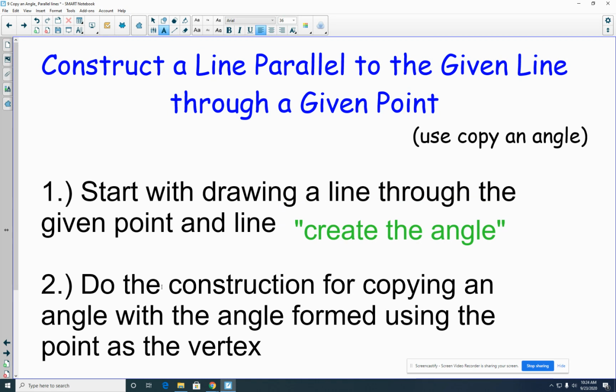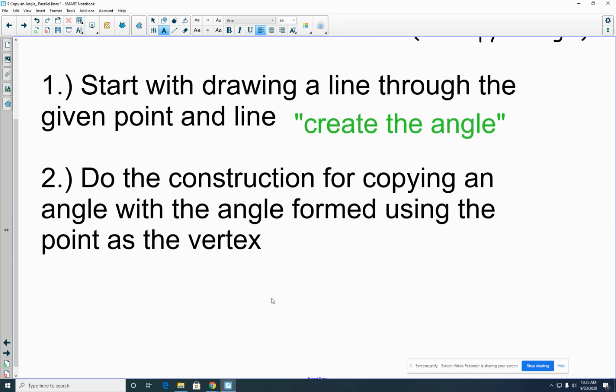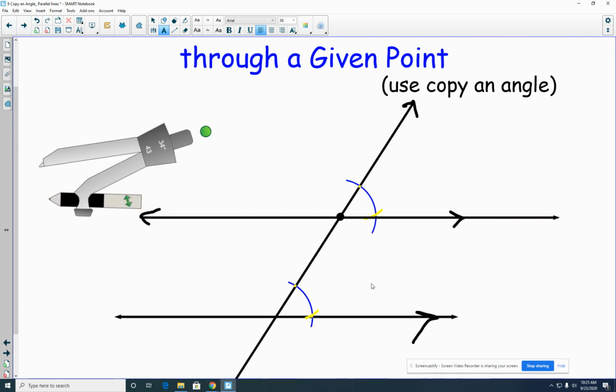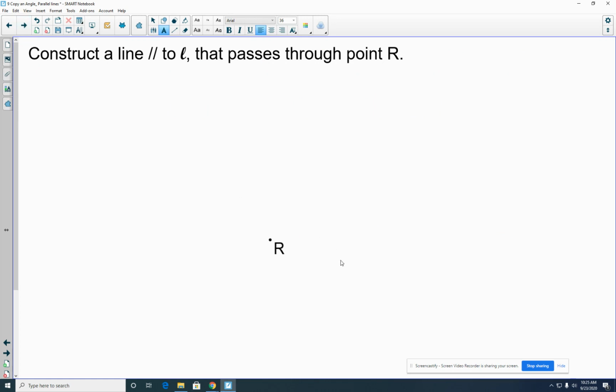Okay, now you do the construction for copying an angle, but you're using the point as the vertex. And once you copied the angle using that point as the vertex, you got parallel lines. And here it is. All right. So that was how to copy an angle to get parallel lines.